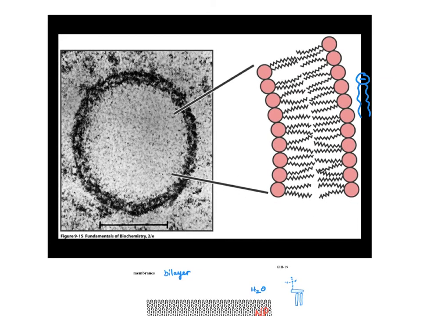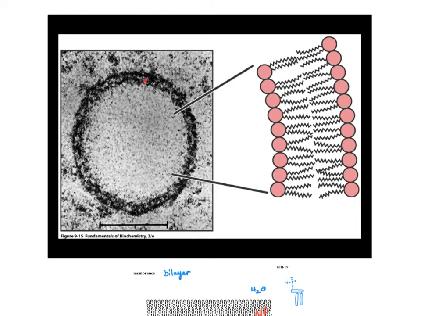Here's a figure from a textbook. And we can see that this type of cartoon structure is related to a real electron micrograph of a membrane. Membranes aren't really sheets because they can't have edges. There cannot be exposed nonpolar areas.